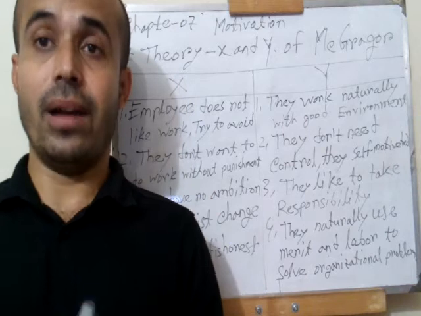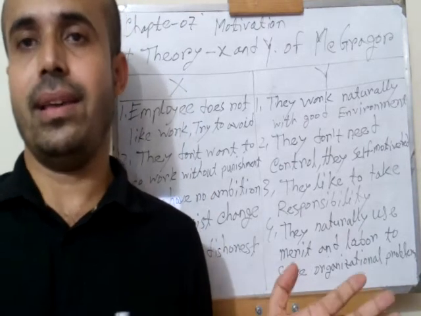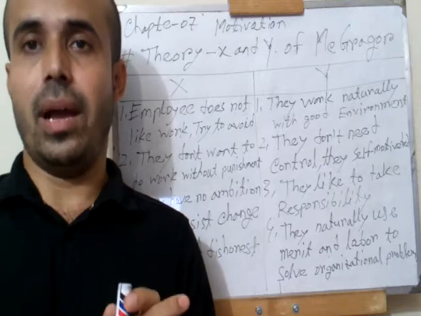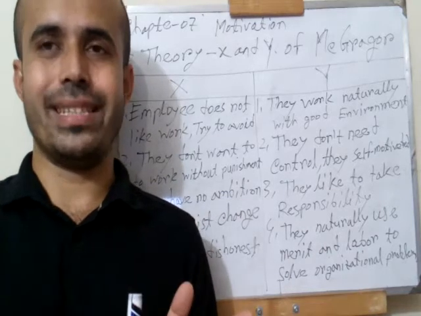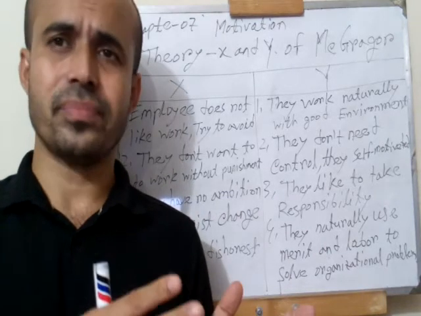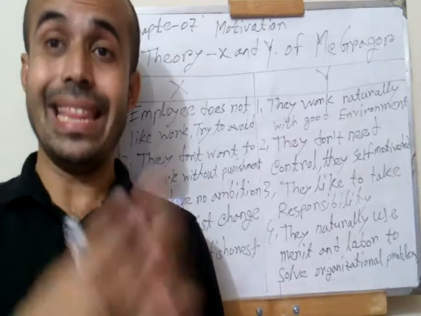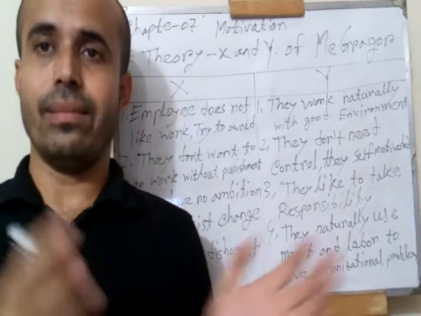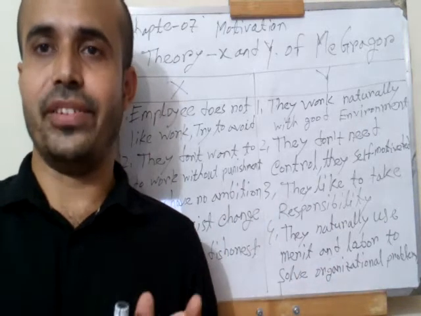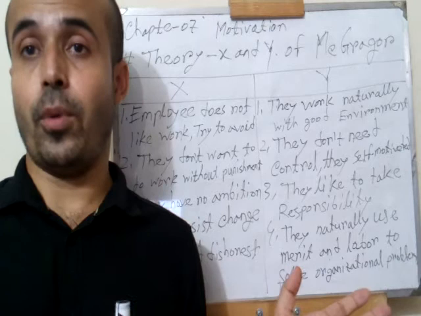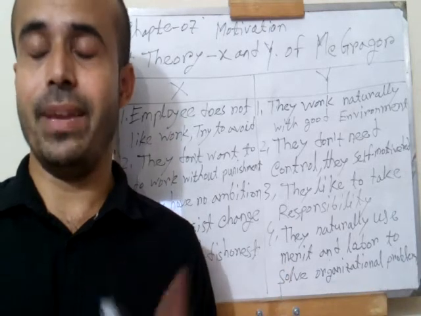So how has McGregor described these two ways? One way is named X behavior, and the other way is the Y behavior.